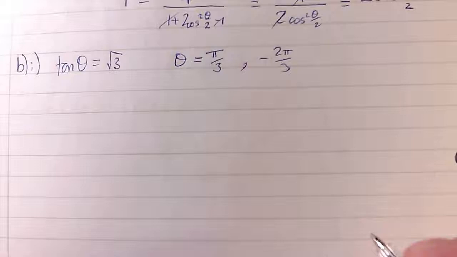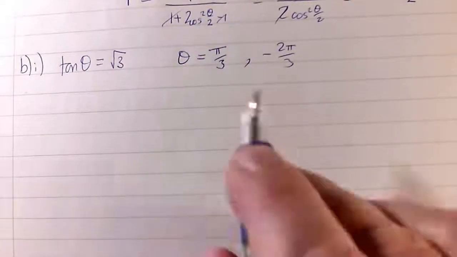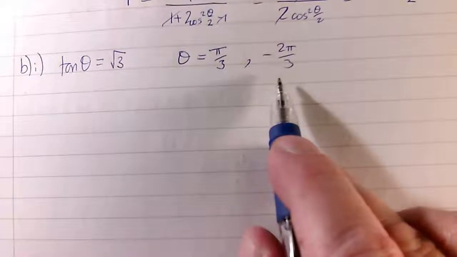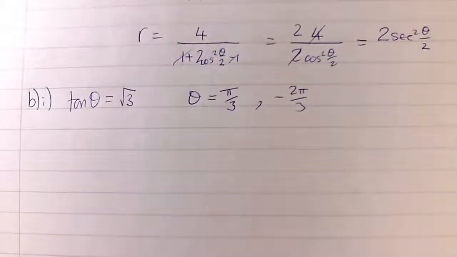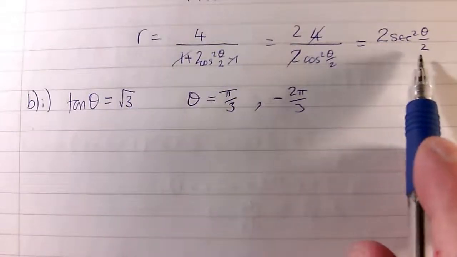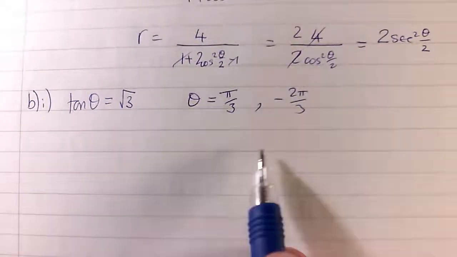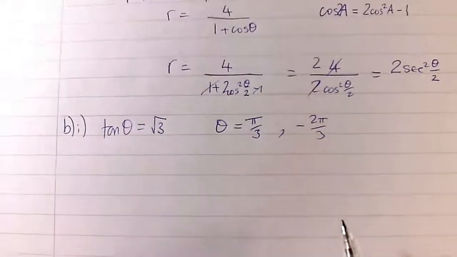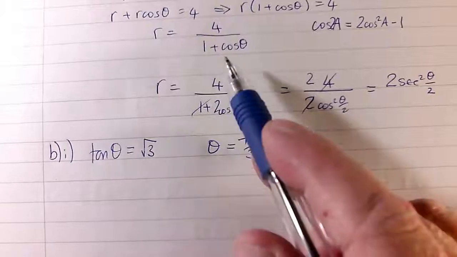I've got to take pi away to get the other solution for a tan. So I have these two values for theta, and now I've just got to work out the r's for those thetas, and they've kindly told me that r equals 2 sec squared of a half theta. Okay, so I could halve these and find the cos, or I can just put my theta values into this.